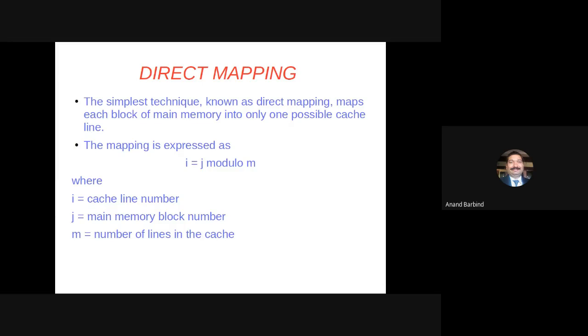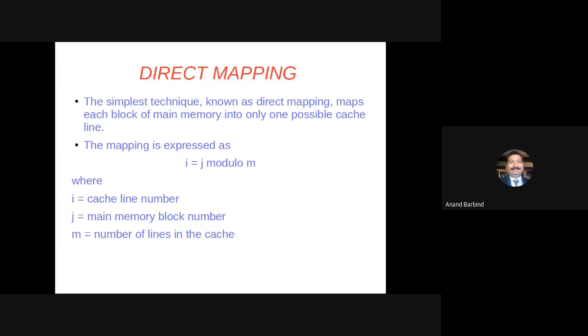But in that case, you need to properly set the size of the cache and the number of lines in a particular cache. So you should select a suitable cache size so that the performance of that particular system will be as per the expectations.